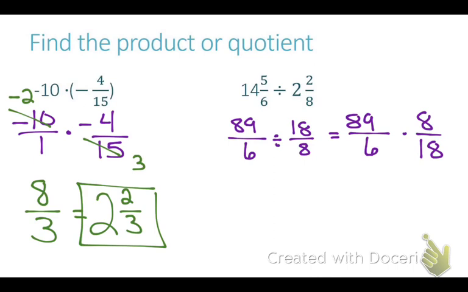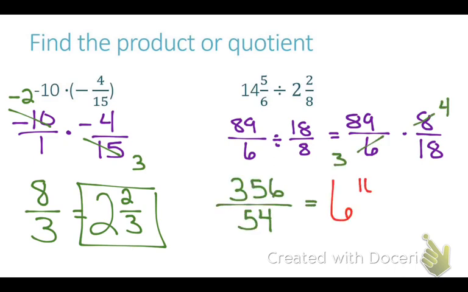And now I can cross-reduce, and then change back to a mixed number. Who got 6 and 16 over 27? Just remember: change to improper, KFC method, then cross-reduce, then get to your answer. Change to a mixed number if you need to.